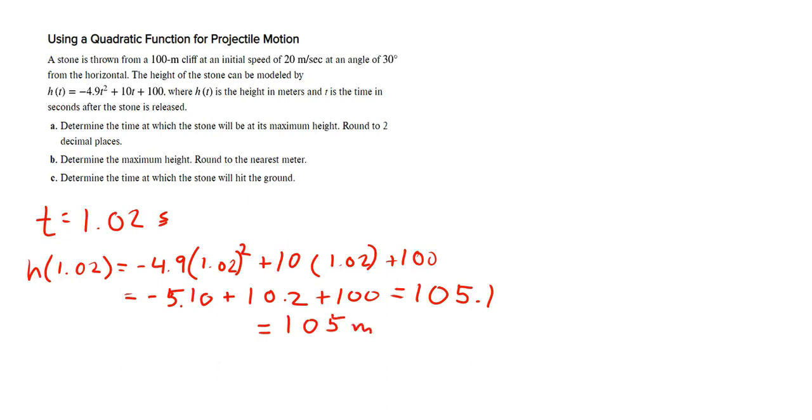meters. To determine the time when the stone hits the ground, we just need to solve the quadratic equation. H of t equals negative 4.9 t squared plus 10t plus 100.